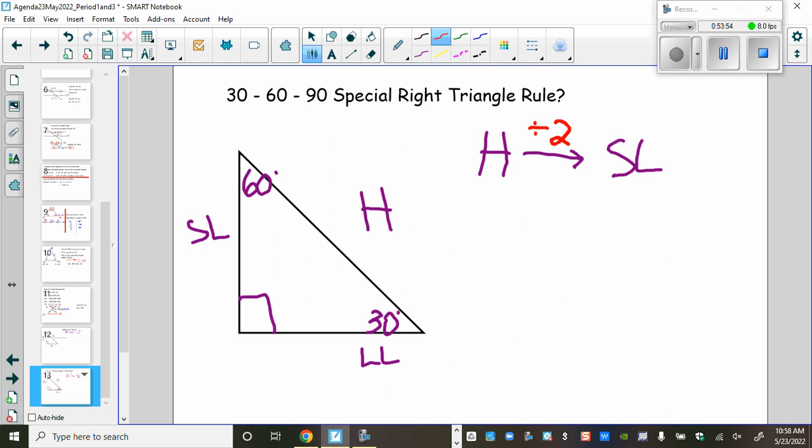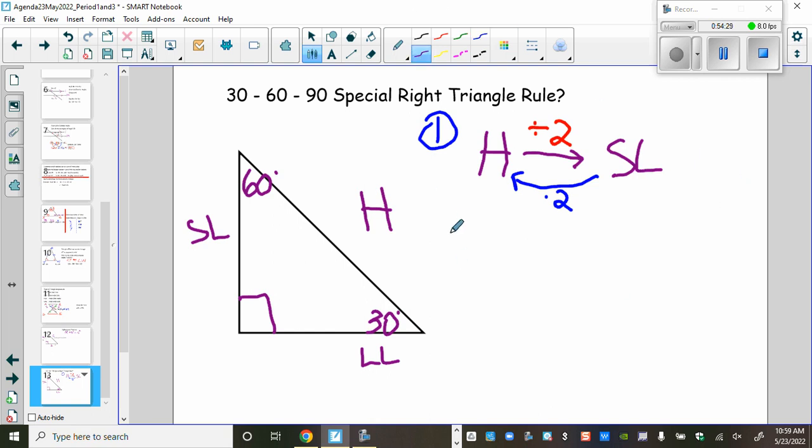And I think the best way to do these types of problems, more than likely, I'm going to give you the hypotenuse. On this test, you're going to get the hypotenuse. Now, if you're given the short leg, you just multiply by 2, boom, you get your hypotenuse back. Now, I would always check this first, because that's the easier relationship.